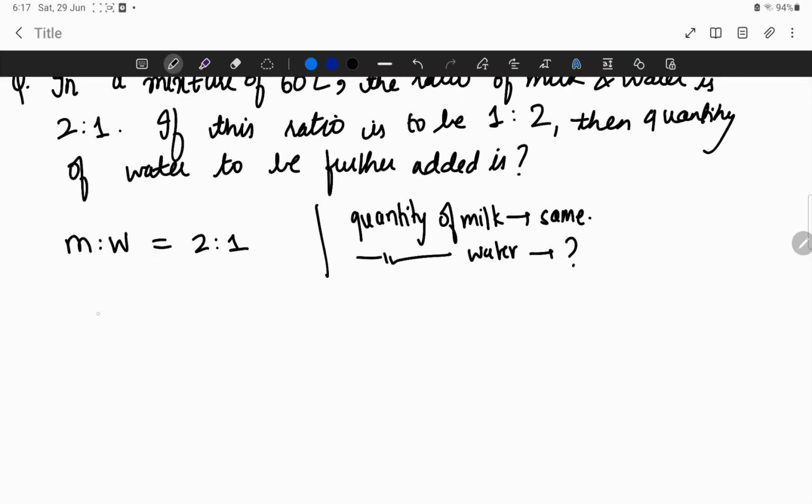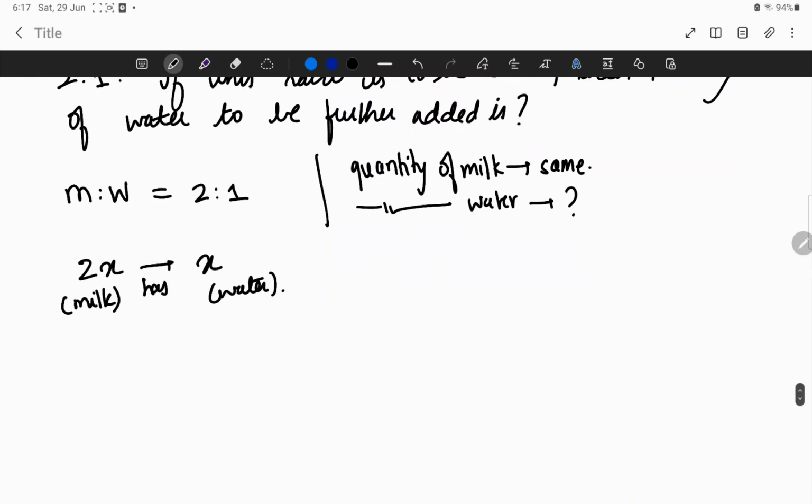So let's first look at what all of this says. In 2x parts milk, you have x parts water. So if you have 2x liters of milk, it has x liters of water.